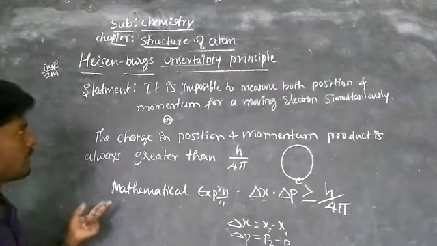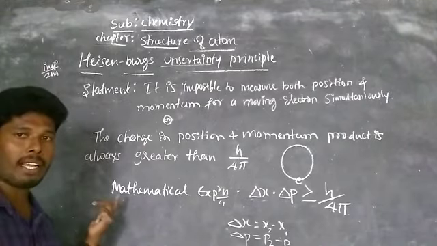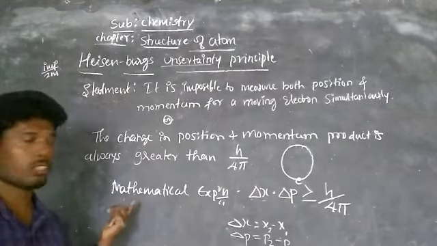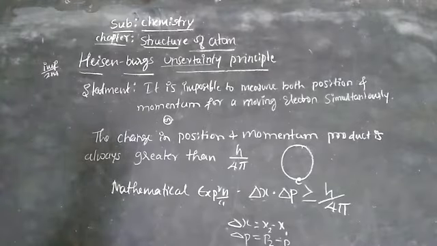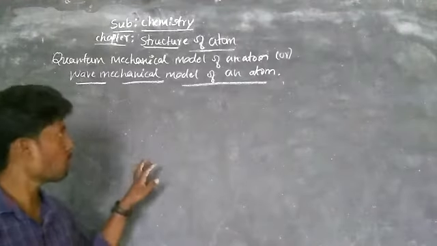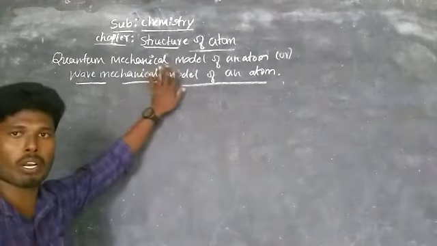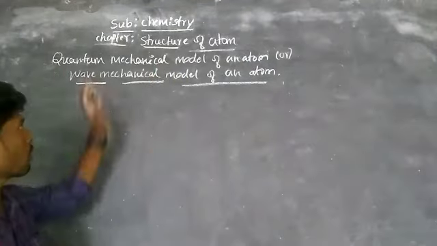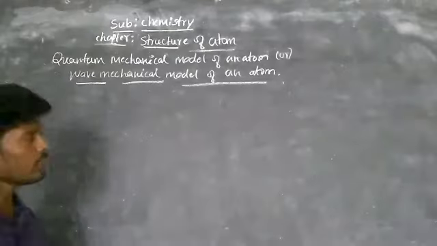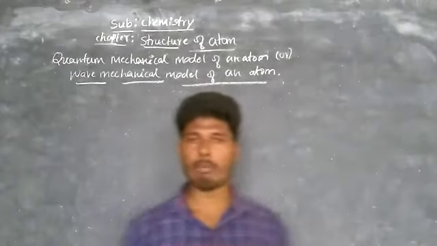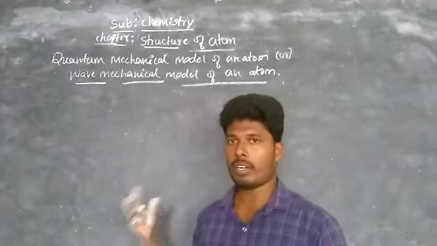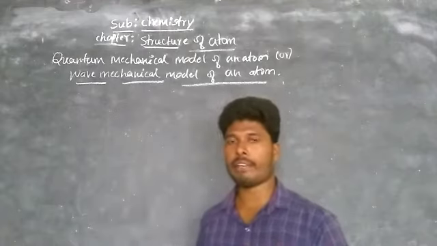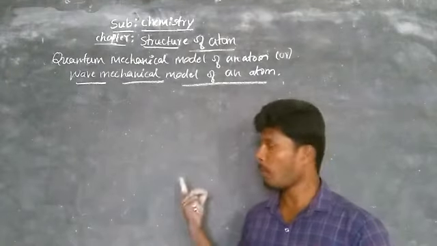After that we are going to study the quantum mechanical model, that is, the quantum mechanical model of an atom or wave mechanical model of an atom. Either you call it quantum or wave. Here the scientist Schrödinger observed that matter or the electron has both wave character as well as particle character.